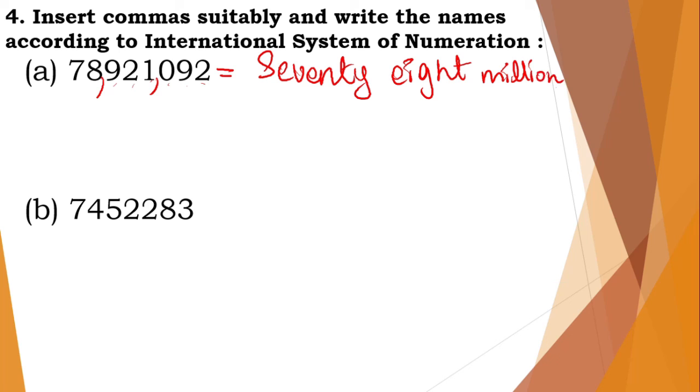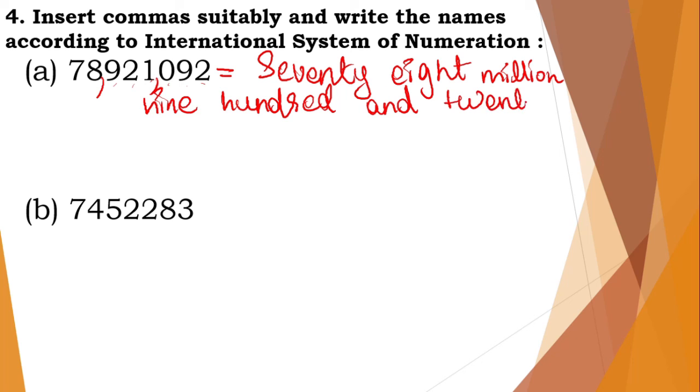Now next we have 921. So 921. Now after 921 we have 1, 2, 3. Now we have 3 digits. So 3 zeros we have in 1000. So it will be 921,000.